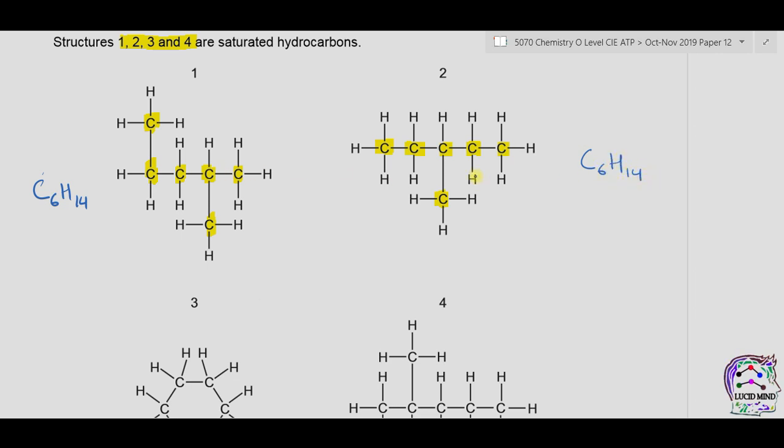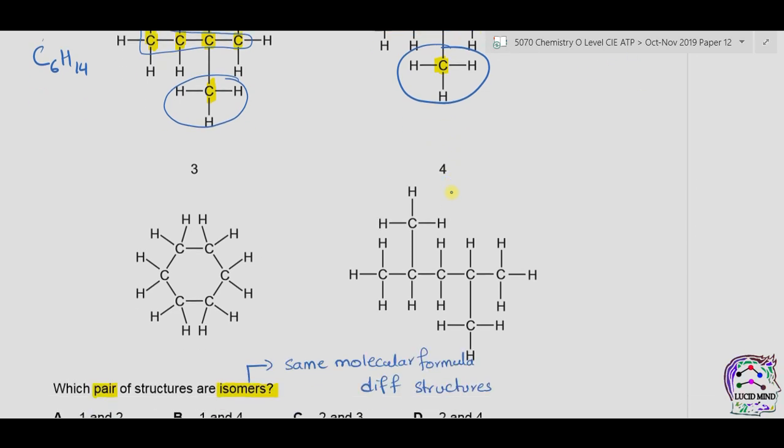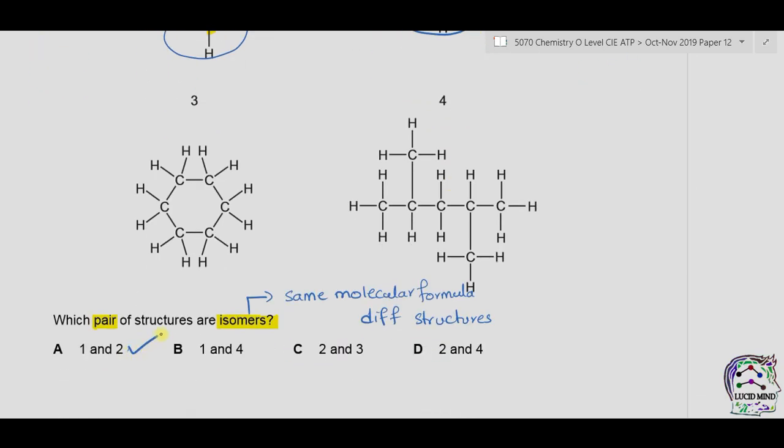As the molecular formula is the same and the structures are different, because in 1 we have 5 carbon atoms in the long chain and the substituent is attached to the second carbon, while in 2 there are 5 carbon atoms in the long chain and the substituent is attached to the third carbon atom, the structures are different. So 1 and 2 could be isomers. So it could be A.